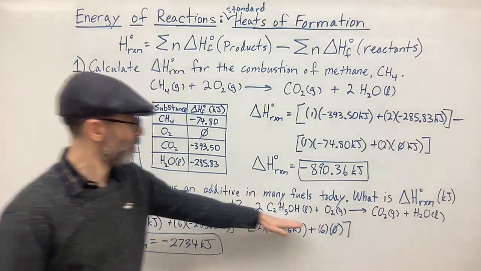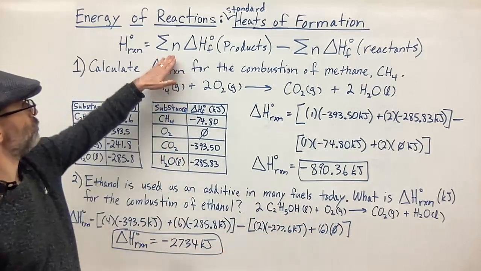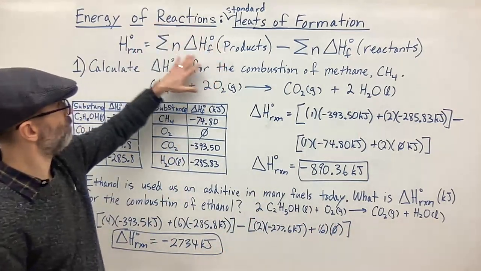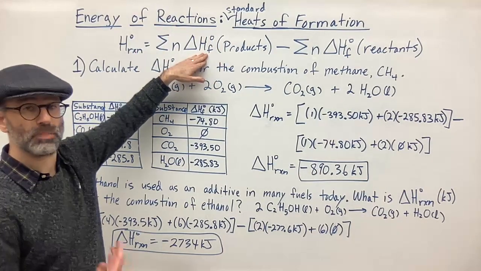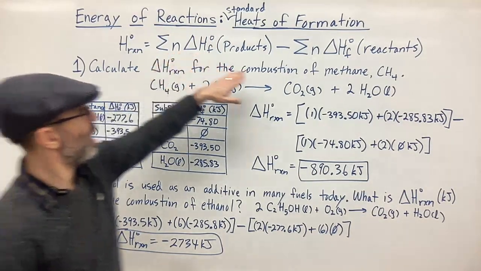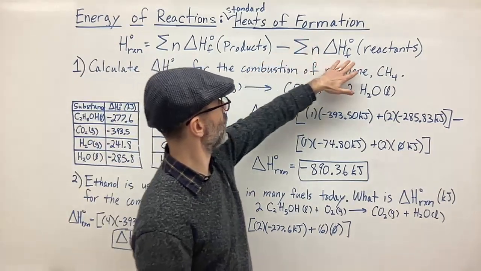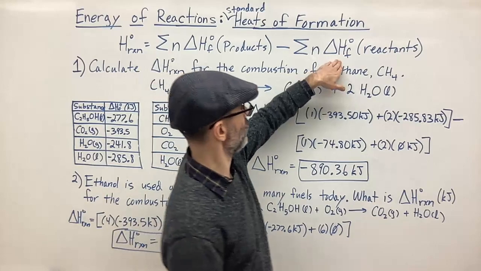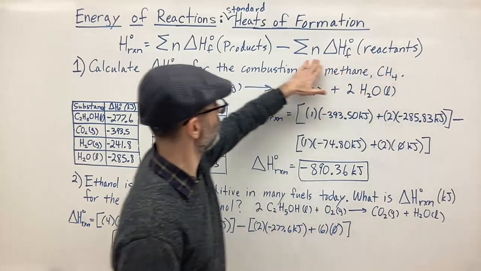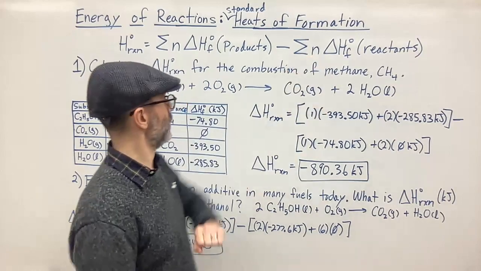And here's the balanced equation for the combustion of ethanol. Again, we're going to use our equation: the sum of the heats of formation of products multiplied by their stoichiometric coefficients, subtracting the sum of the standard heats of formation of reactants multiplied by their stoichiometric molar amounts in the balanced equation.